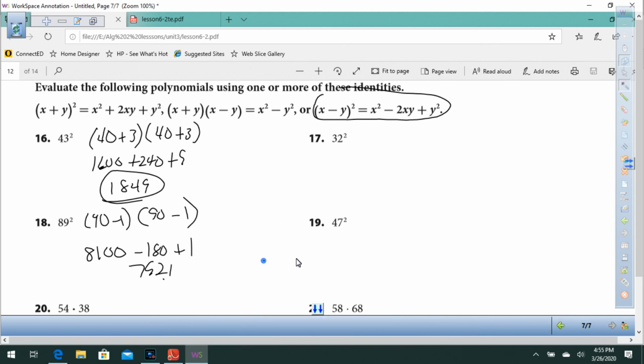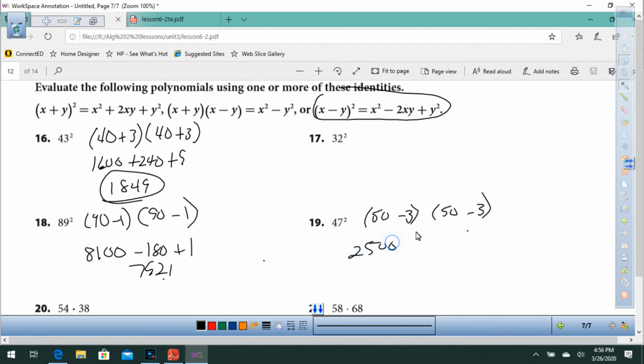All right. What about 19? Since I screwed up number 18, I'm going to say 45 plus 2, and then 45. I can't do that. What about 50 minus 3 times 50 minus 3? That I can do, because 5 times 5 is 25, so I got 2,500.